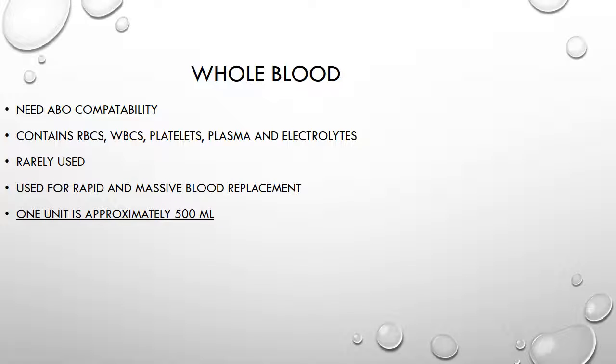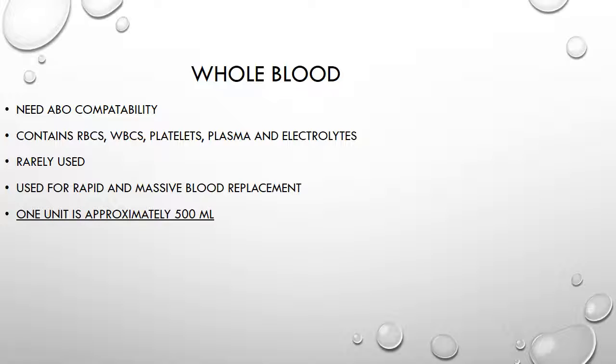If you're going to be administering whole blood, we definitely need to look at that ABO compatibility that we looked at last semester. Whole blood contains basically the whole thing. It's blood just like our blood, so it contains those RBCs, white blood cells, platelets, and electrolytes. We rarely use whole blood.